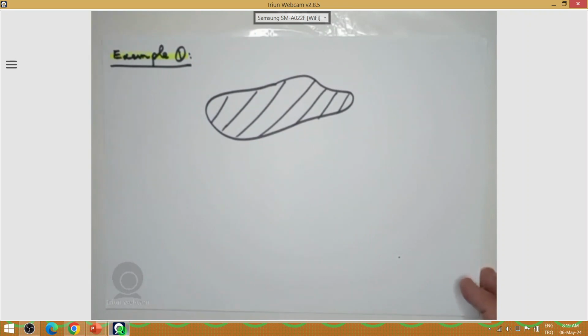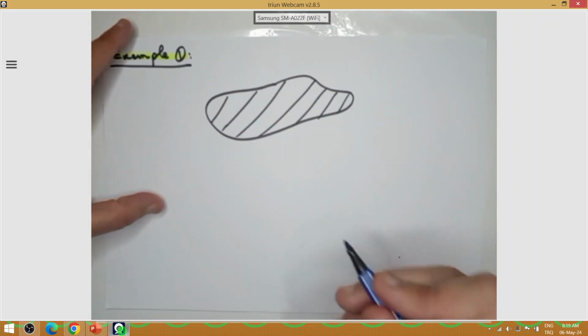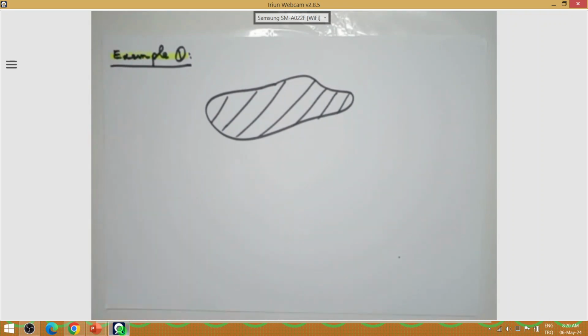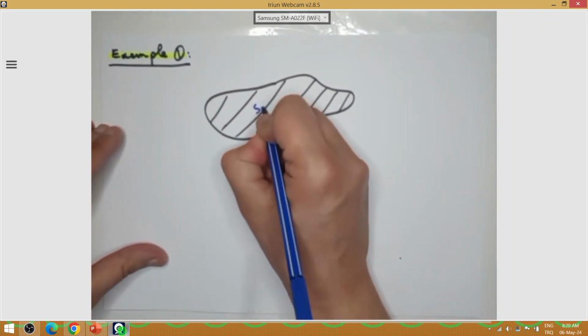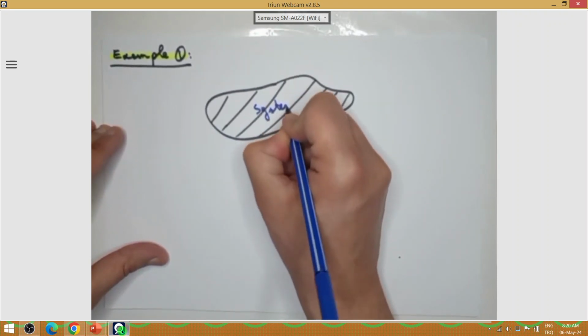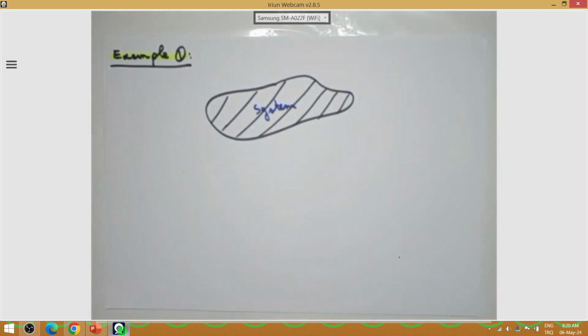This is the system that I am studying in this example.